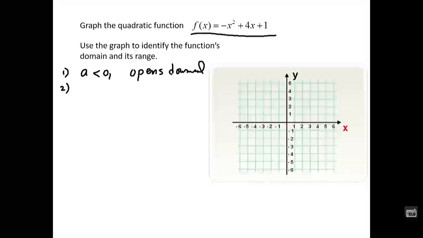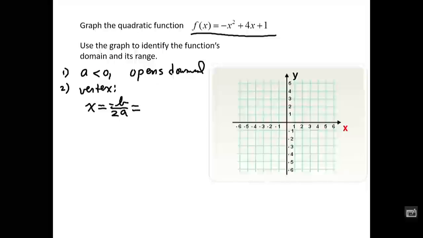Two, the vertex. Let's talk about the vertex. We said that the x-coordinate of the vertex is given by negative b over 2a. So what is this?